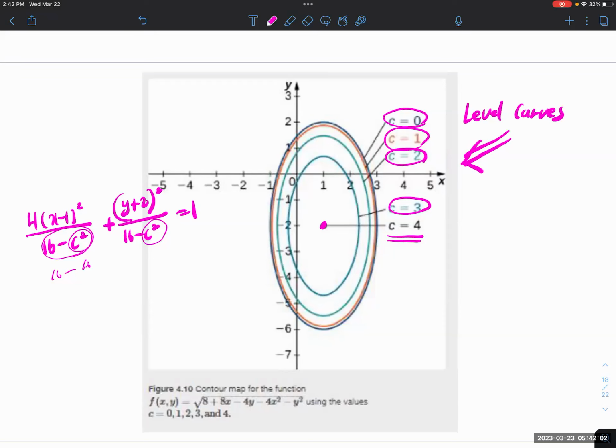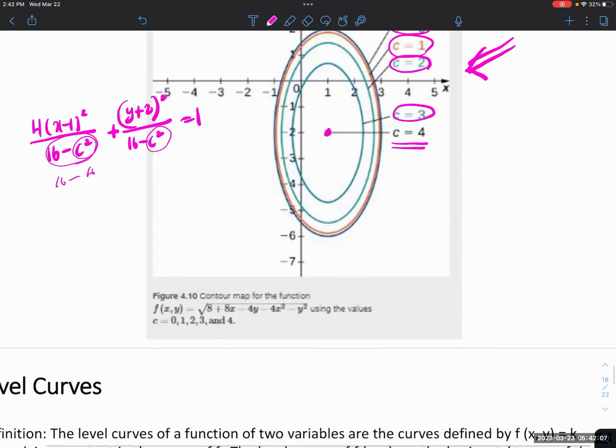Okay. And then what is the domain? The domain is going to be that. I'm going to write here: the set of x, y such that (x minus 1) squared over something plus (y plus 2) squared over 16 equals 1.